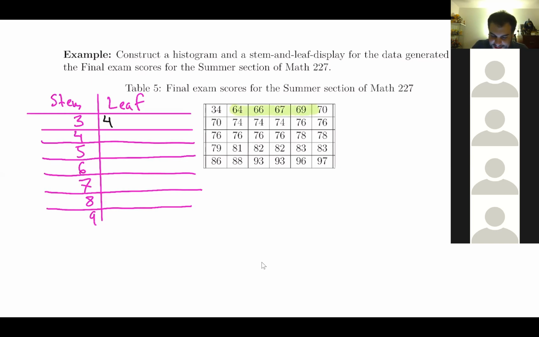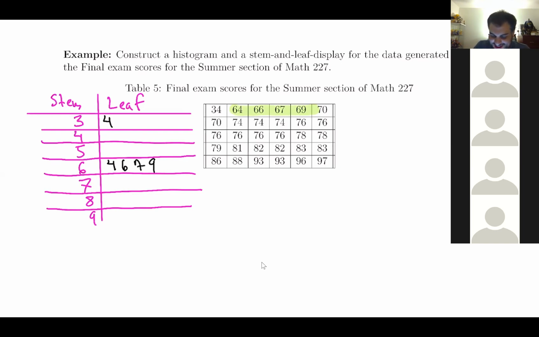Those are 4 numbers, so we'll put 64, 66, 67, 69. Whoa, I did this wrong. It should be 4, 6, 7, 9. Oh well. Now we're going to focus on the 70s.